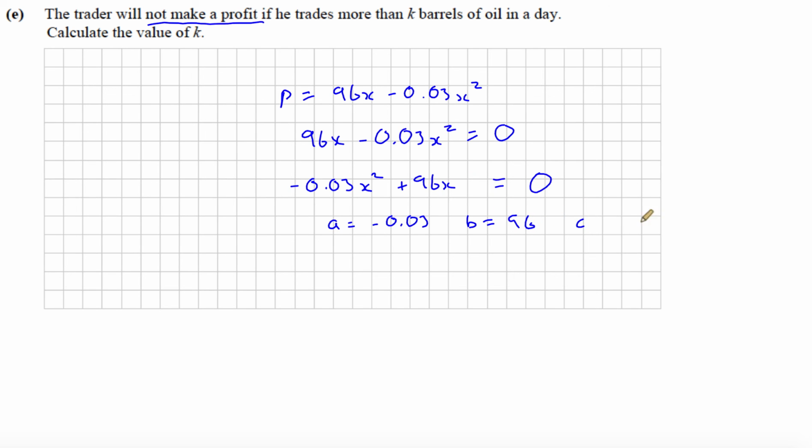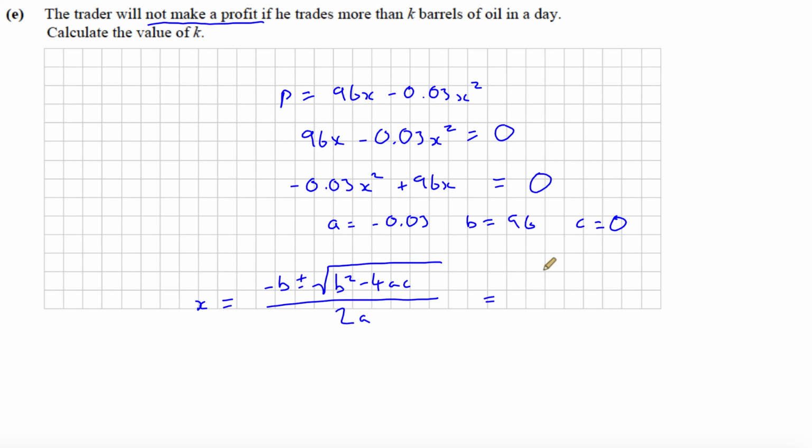And there is no constant term, so my c value is 0. So I'm just going to plug these values into my quadratic formula. So the quadratic formula, remember, is in your tables book, and it's minus b plus or minus the square root of b squared minus 4ac, and that's all going to be over 2a.